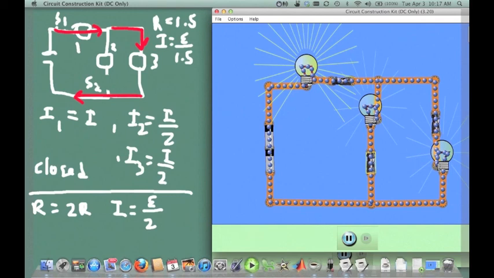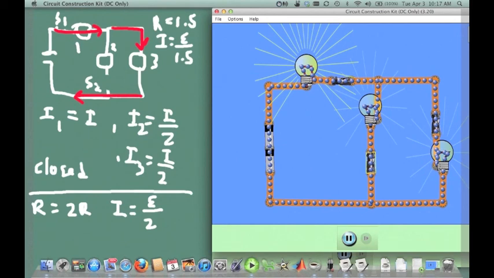So what happened to that current? It went down. Right? That is the current that was flowing through light bulb number 1, so light bulb number 1 is going to feel that decrease in current and get dimmer. Right? Because the current for that light bulb is going from epsilon divided by 1.5 to epsilon divided by 2. So the current went down.